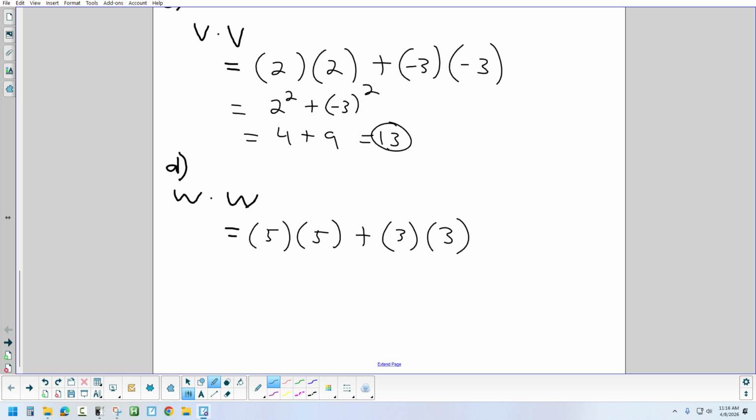And again, if you think of that in a shorter way, it's 5 to the second plus 3 to the second. It's almost like finding the magnitude of W: squaring the first number, squaring the second, and then adding them up. You're just not taking the square root. There is no square root to take. So it's 25 plus 9, which gives me a dot product of 34.